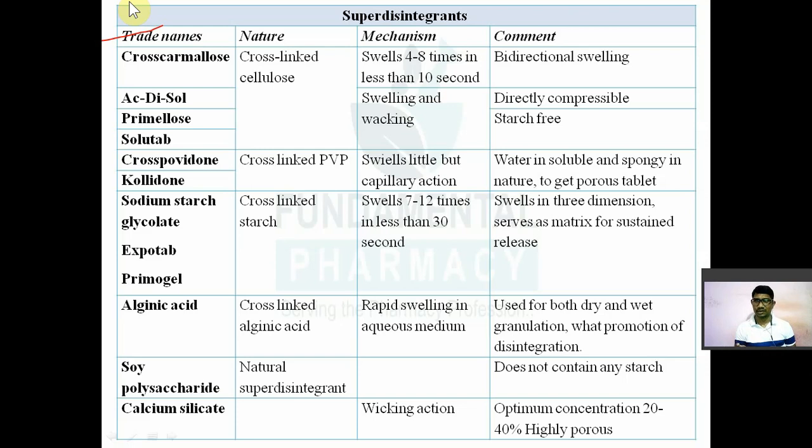That's why super disintegrants are used to release the drug immediately.